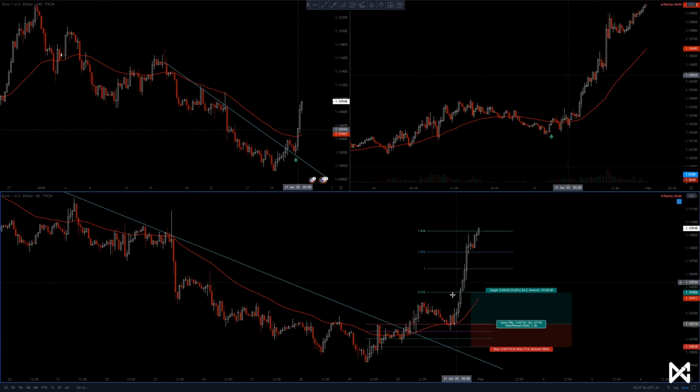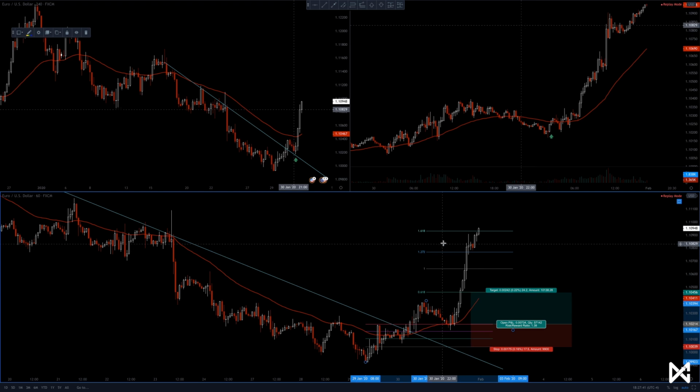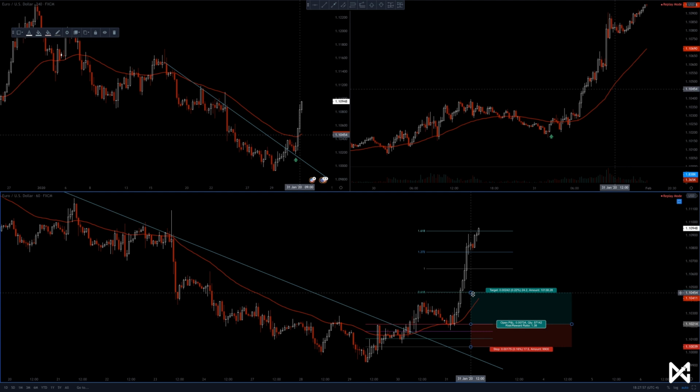So we also know the optimal target for a wave 3 run, 1.272, and we know the maximum target for a wave 3 run, 1.618. It doesn't matter whether it's a wave 3 on a 1-hour chart or a wave 3 on a daily time frame, the target levels are the same, based on Fibonacci extension. So with that said, safest target on a pullback, you're targeting 0.618.